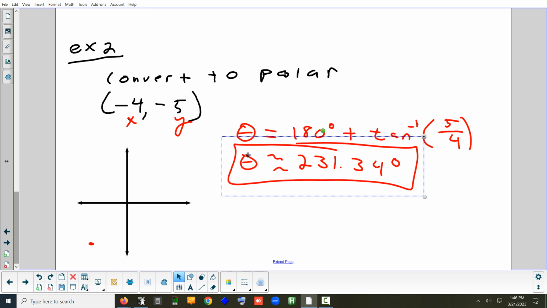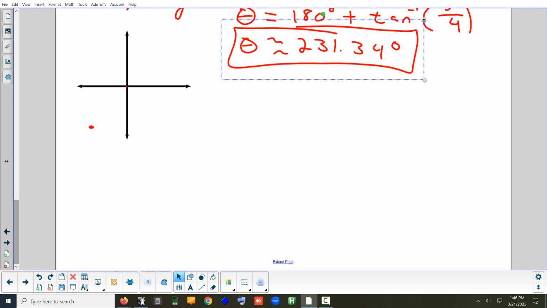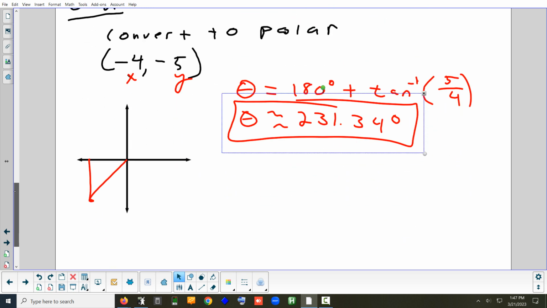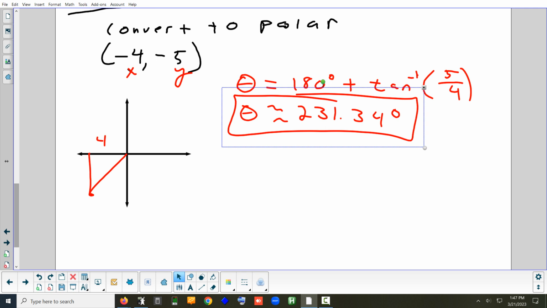Now we've got to find the radius. We went left 4, down 5, so find your hypotenuse. Can you set up my Pythagorean theorem to find the hypotenuse with sides of 4 and 5? 4 squared plus 5 squared equals... And what are we using in place of c?